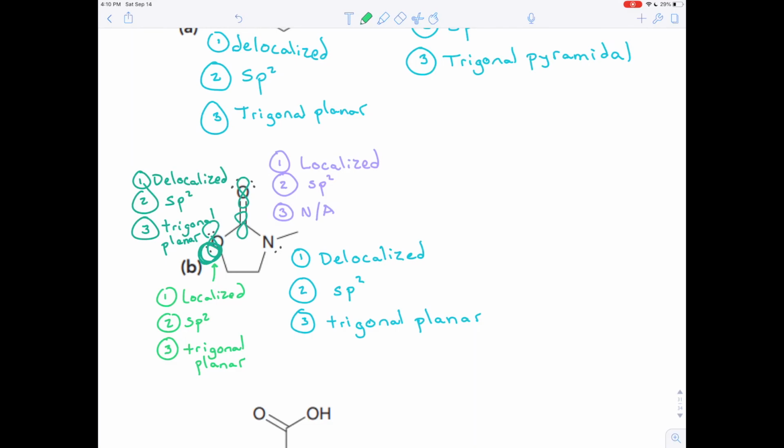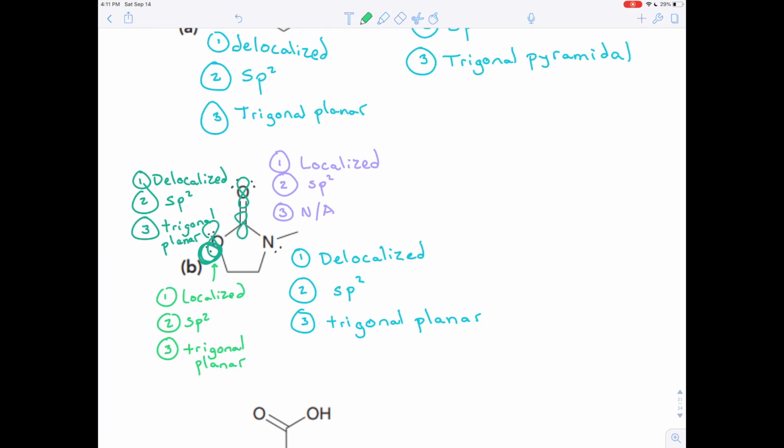So anytime you see sp2 hybridized, you could just put trigonal planar. That's okay. Just keep in mind what you're getting there is the electron geometry. It's the distance away from all the electrons, whether they're in bonds or lone pairs. It's not necessarily the shape of the molecule. In other words, the shape of just the atoms around each other.